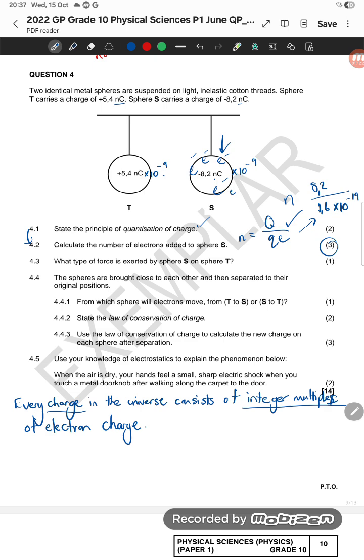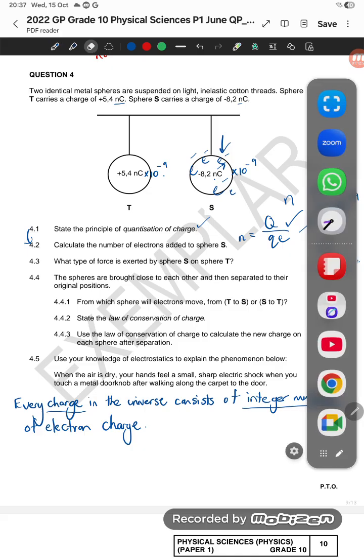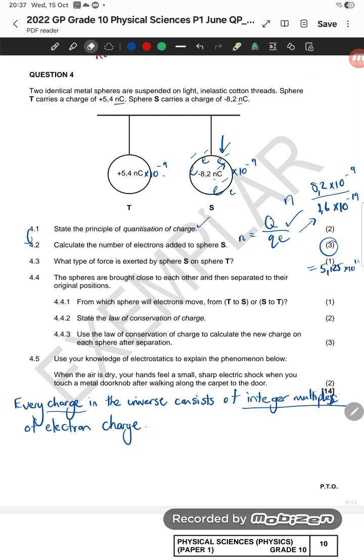Well, you can put the negative, but we know it's electrons. Times 10 to the negative 9, sorry. Nanocoulomb, negative 9. And that is equal to 5.125 times 10 to the 10. If your calculator says e to the 10, please just make it into times 10 to the 10. I just want you to write it here.